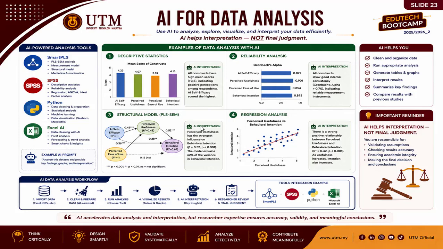Then you will perform all the analysis one by one, step by step: regression, correlation matrix. If you want to generate tables, ChatGPT will provide everything. Just copy and paste in the editor. You will get the graphs, you will get the results, everything. Just copy and paste, and you will also get some interpretations, and again you will finalize this. So this is AI for data analysis.